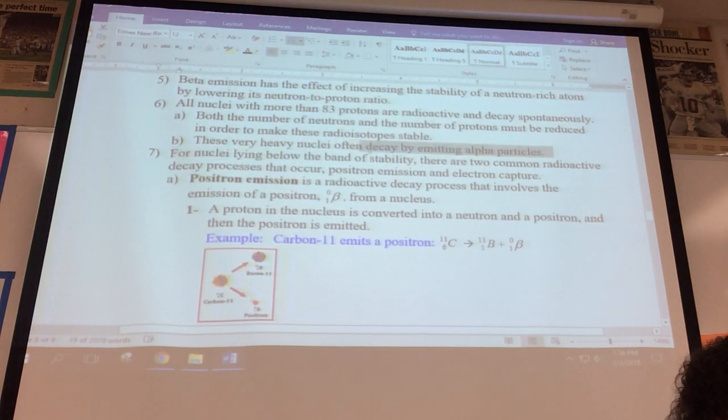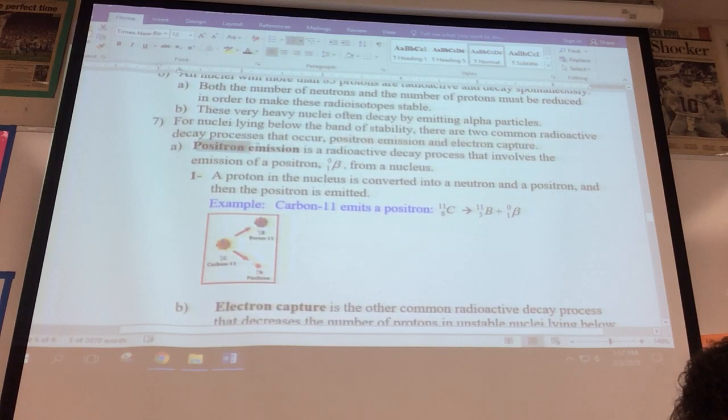However, if it is lying below the band of stability, there are two common types of radioactive decay that can occur, and these will be new: positron emission and electron capture. A positron can be emitted, and it looks as follows. How does the positron differ from the beta particle?